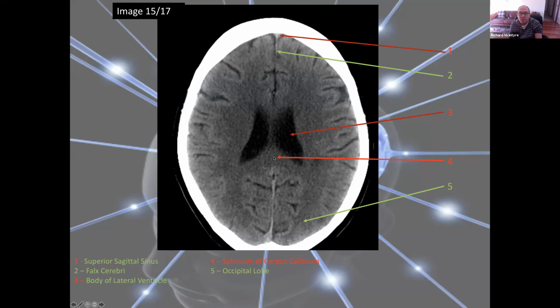So our corpus callosum travels across the top of the ventricles, and it connects the left and the right hemispheres. Okay, so this is the splenium, the posterior part of the corpus callosum. Then we've got the body, and then we've got the genu at the front. Okay, our falx, and of course our anterior superior sagittal sinus.